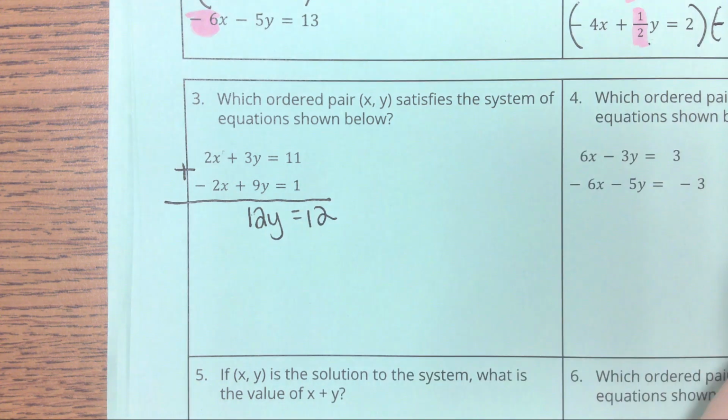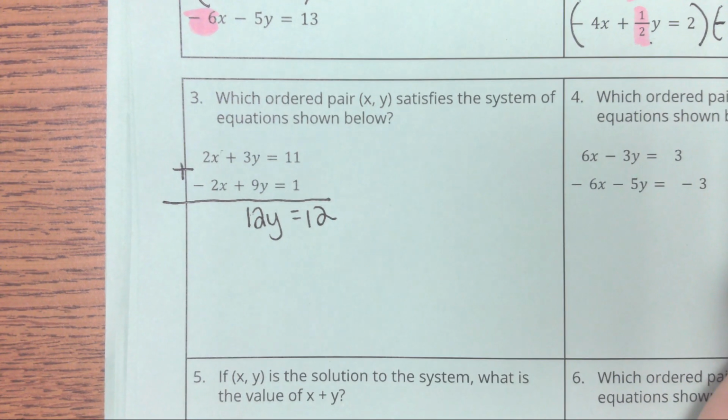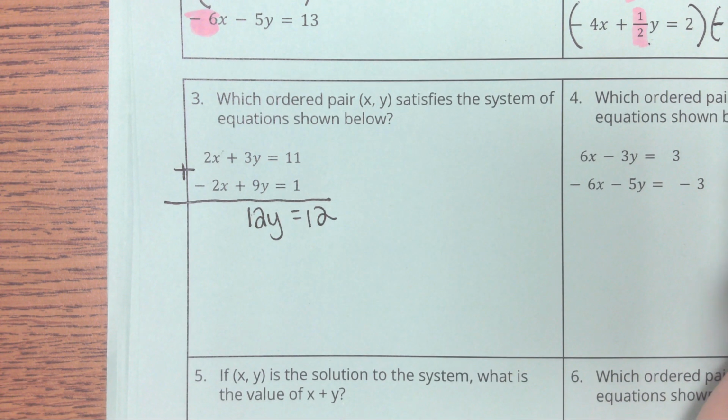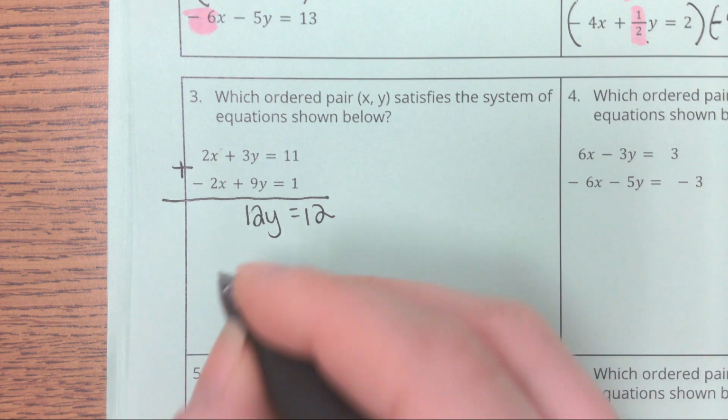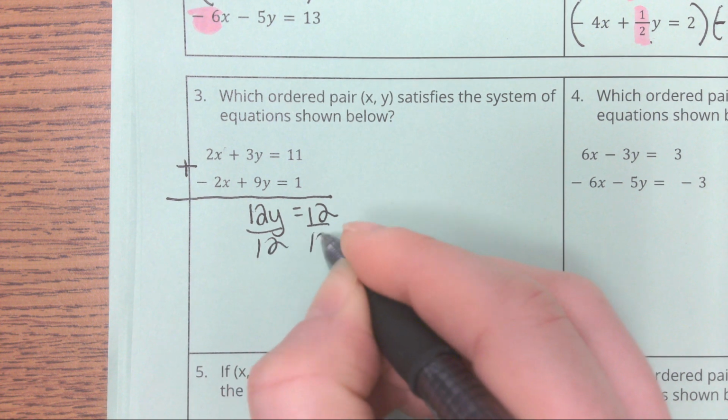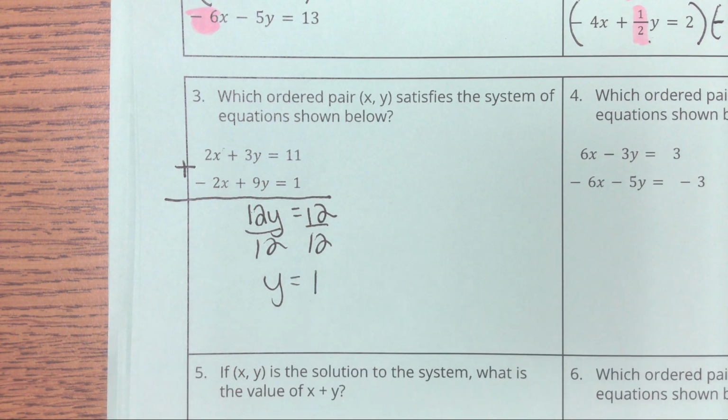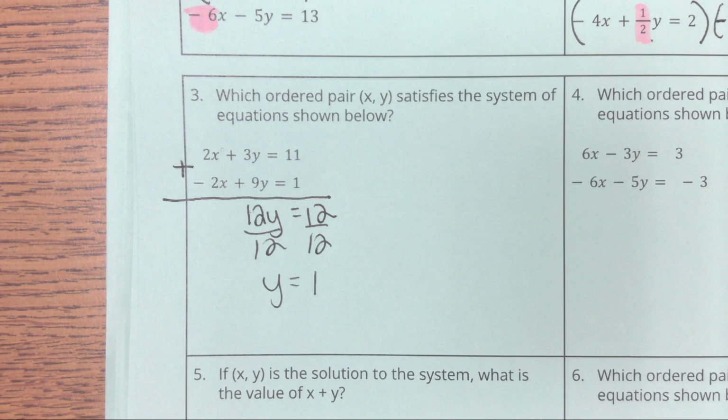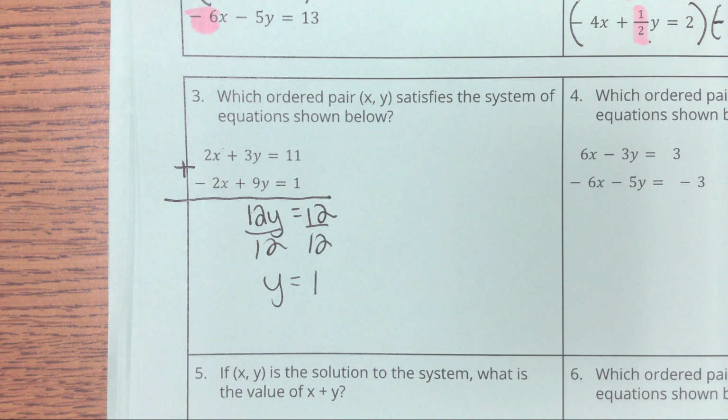I got 12y equals 12. Okay, what's y? Okay, so now I have one of my variables. So the next step is the same as what we would do with substitution.